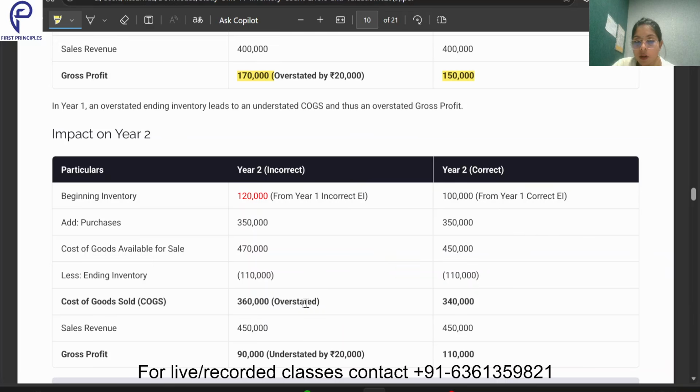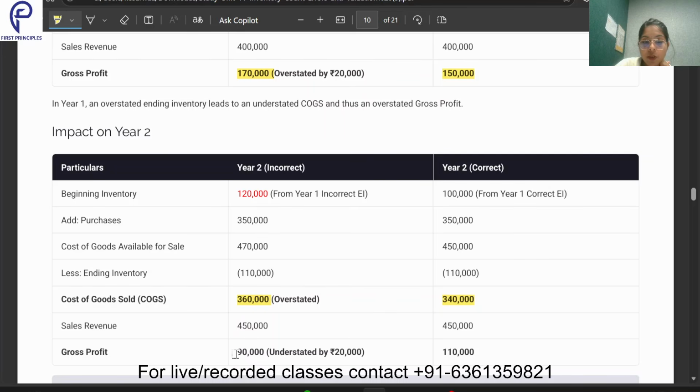Now we have all the figures over here. When I see the cost of goods sold, the actual cost of goods sold as per the correct figures should be 3,40,000, but my cost of goods sold is 3,60,000. It is overstated by 20,000. So my gross profit will be understated, because 4,50,000 minus 3,60,000 comes to 90,000.